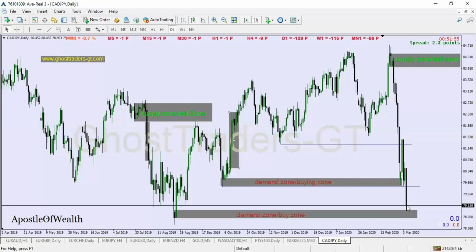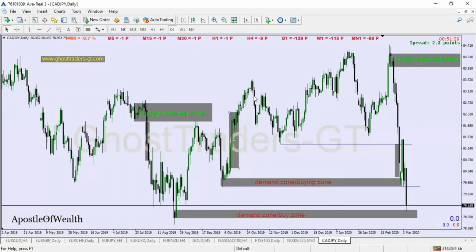It goes up. And as you can see here, as price moved up, look what happened. It also created a price imbalance, and then it went up, filled this imbalance, and slowed up here.